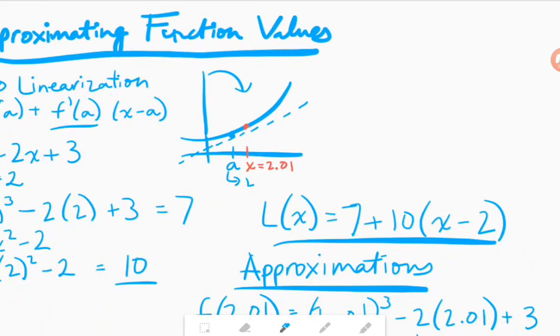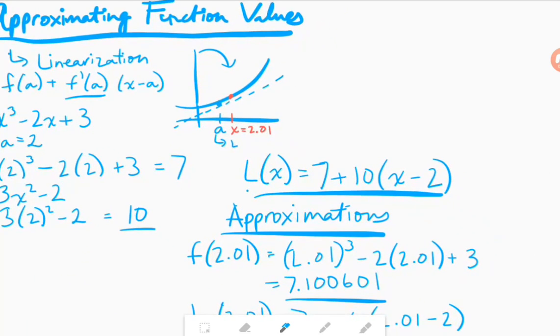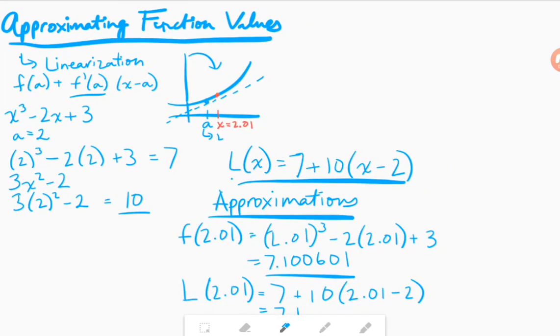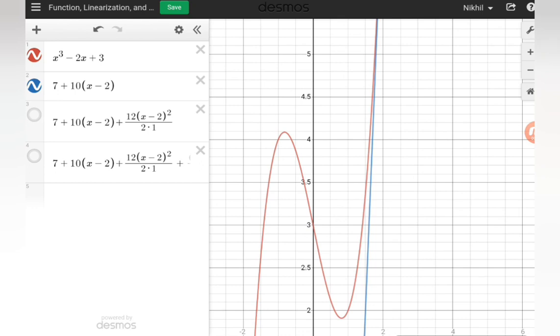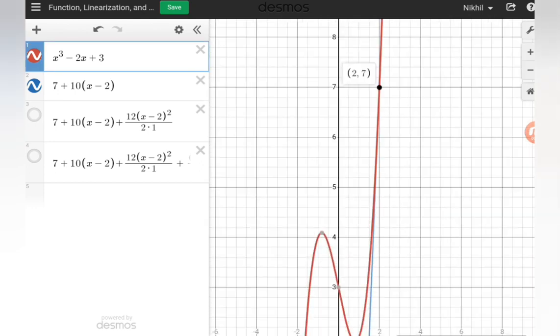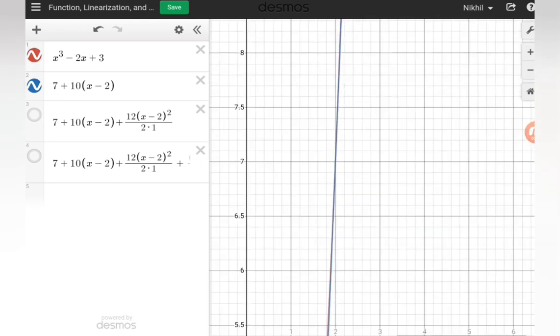So you know what? Why don't we graph the linearization, and why don't I graph some polynomials on Desmos, and maybe you could see how the three equations compare. All right, so I have Desmos open here, and I have the actual function that we have, right? And I have a linearization plotted. So if we go over to 2, the function and the linearization have the same value, right?